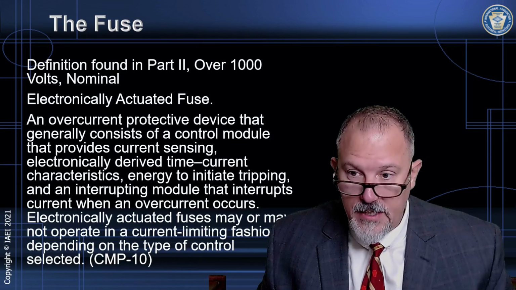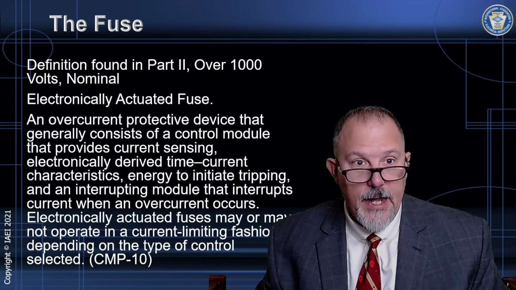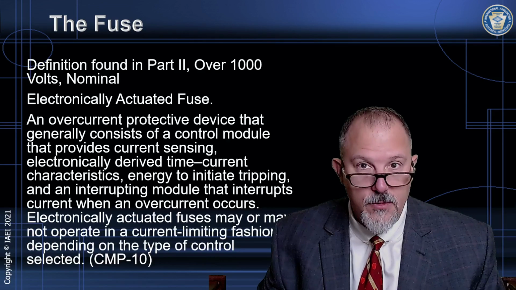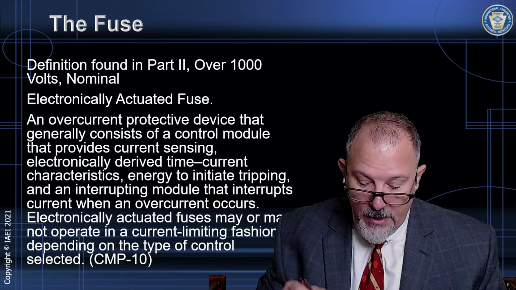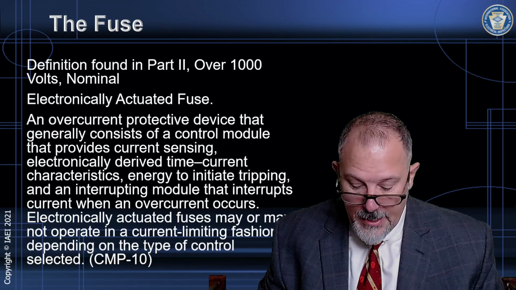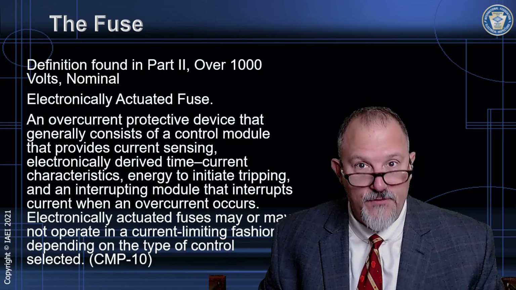Now remember, 240.67 is titled arc energy reduction. And just like in 240.87 for circuit breakers, 240.67 has requirements for large fuses, 1200 amps and above, to have a method to reduce incident energy. Now, one of the options is a current limiting electronically actuated fuse.